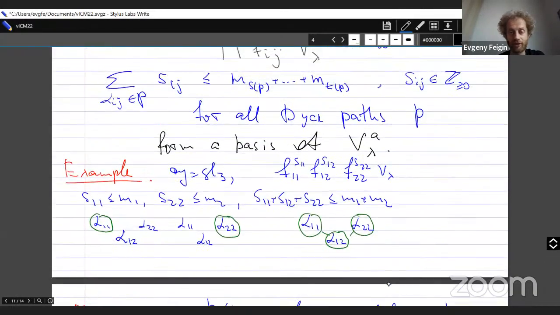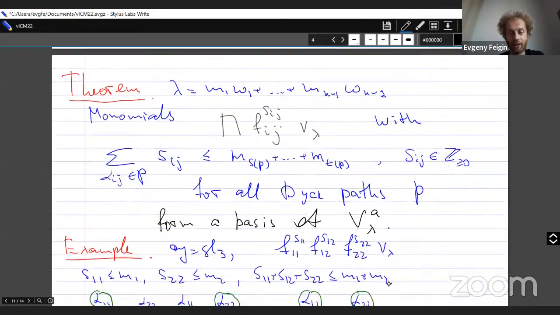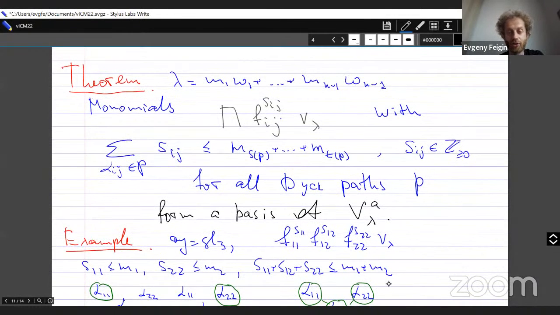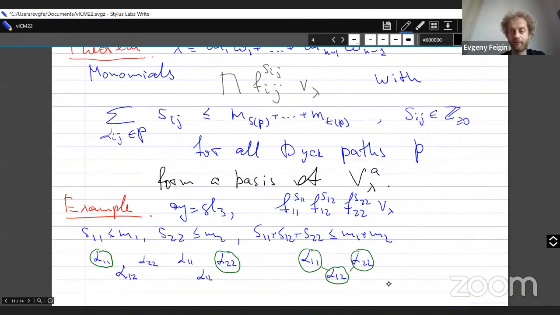Let me show you once again the conditions. You can see that our polytope P is formed by collections of numbers Sij. If we want to consider the polytope in the real vector space, we don't have to insist that Sij are integers, but these are arbitrary real numbers.